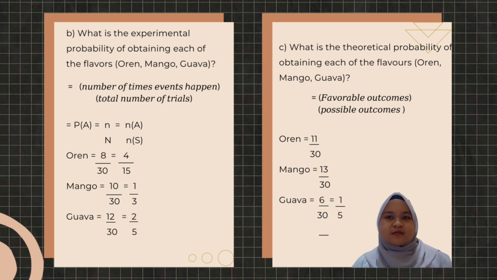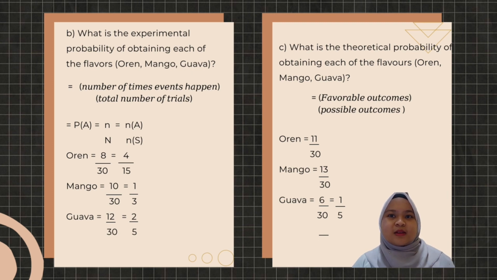For orange, 8/30 equals 4/15. For mango, 10/30 equals 1/3. For guava, 12/30 equals 2/5.